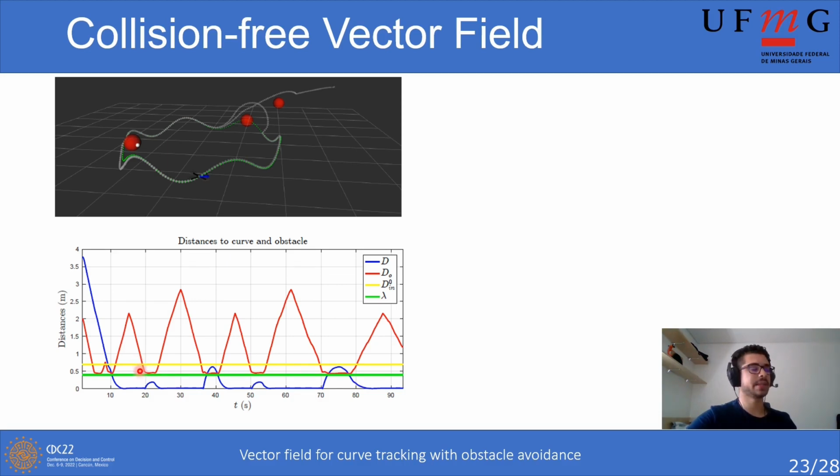This means that the system will have to move away from the curve in order to follow the obstacle and accomplish the avoidance. And we can also see that the obstacle-following stage is at the distance that we predefined. After accomplishing the deviation from the obstacle, the system is allowed to get back to the curve. And this keeps happening.